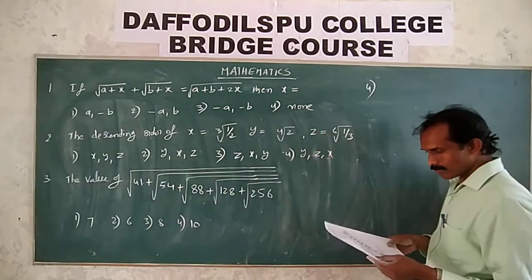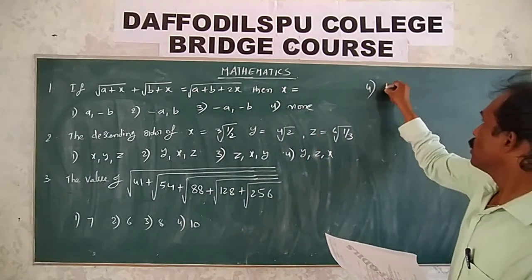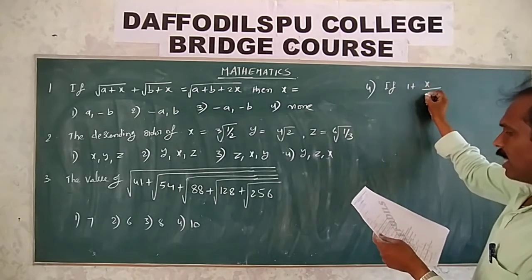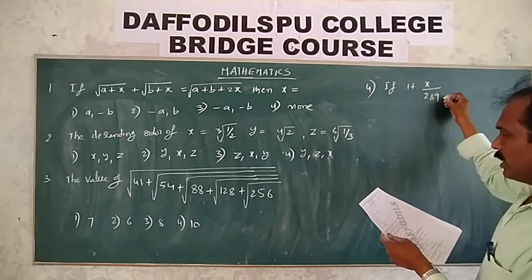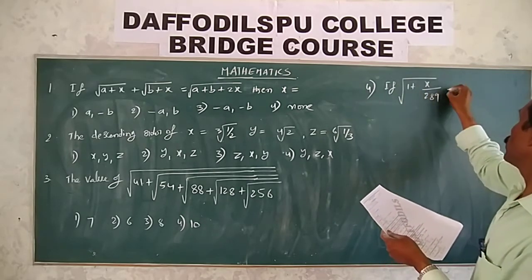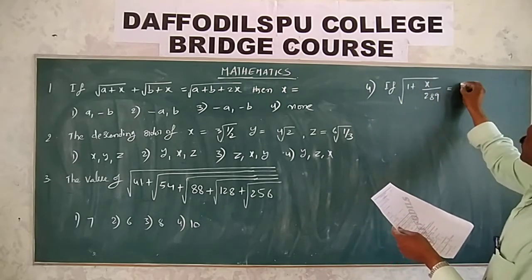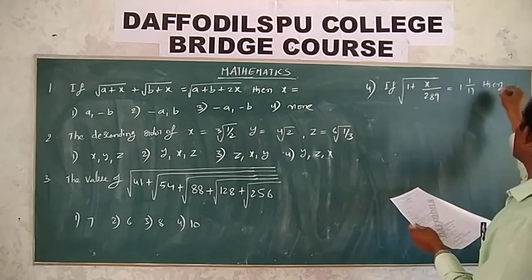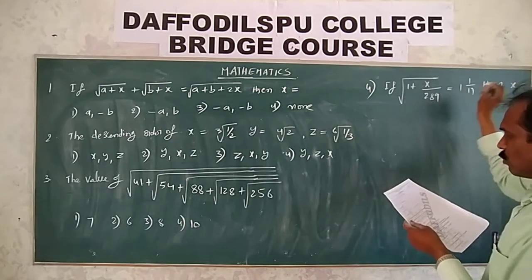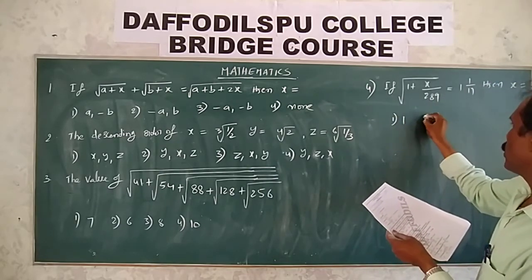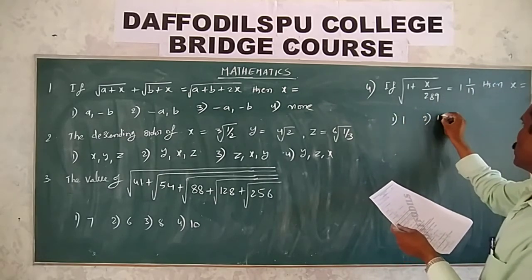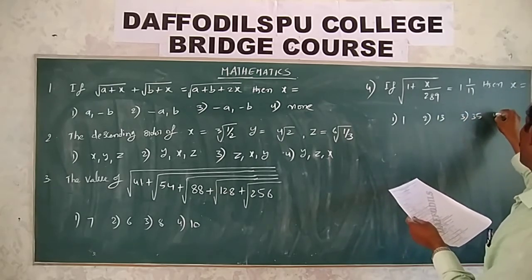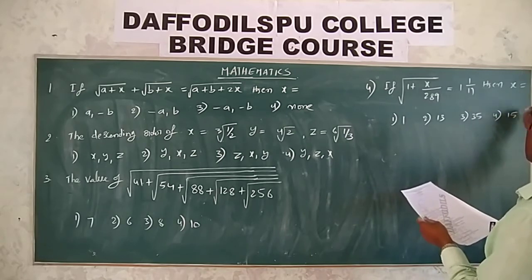Fourth one. Square root of 1 plus x by 289 is equal to 1 by 17, then x is equal to: first option 1, second option 13, third option 35, fourth option 15.